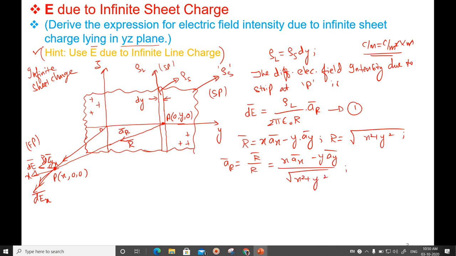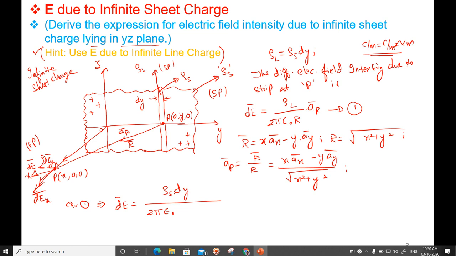So I will substitute r and aR in equation 1. Equation 1 implies dE vector is equal to rho L, and rho L is rho S into dy, divided by 2 pi epsilon naught. What is r? r is root of x squared plus y squared. And aR is this divided by this.